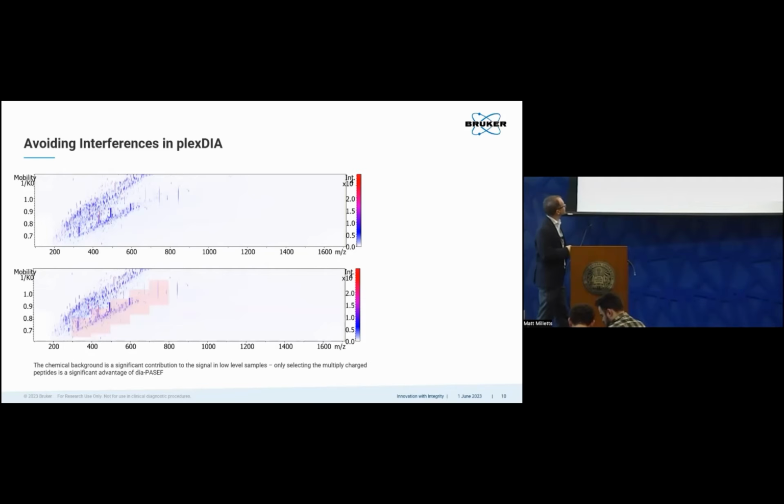But if we think about the windows that we use now to isolate this, you can see that we're just focusing on the ions of interest and excluding all of this really quite intense background. So it really does benefit you quite a lot to do this.